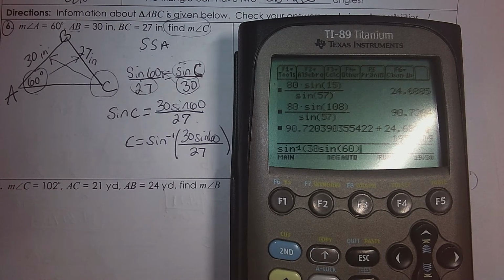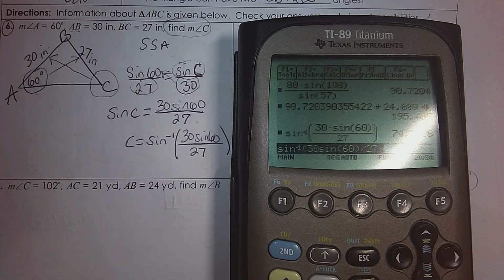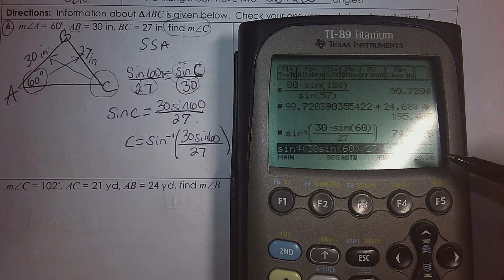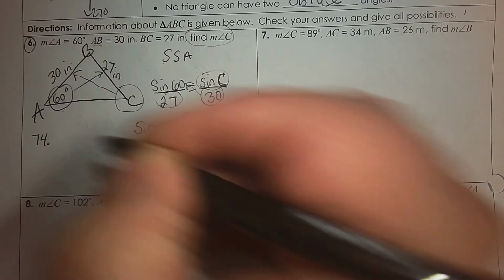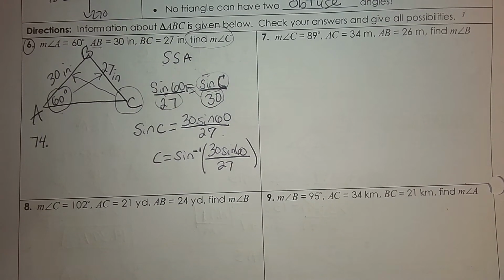Make sure the next sign is an inverse. Use the blue button for the next one. And then divide by 27, close it, diamond enter. What size of angle do you get? So we're going to write that down, 74.207.